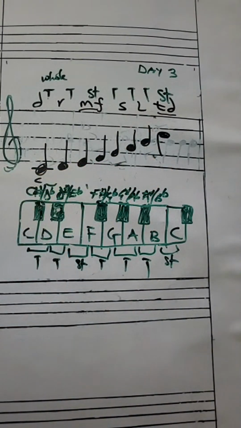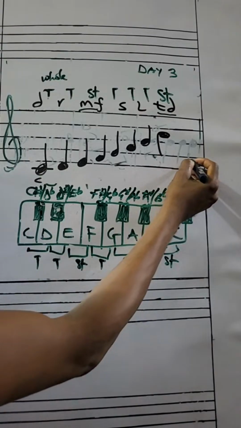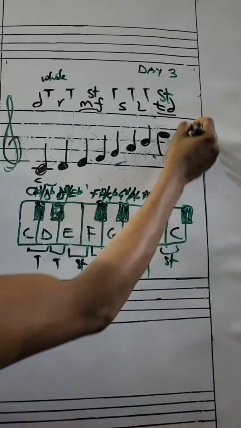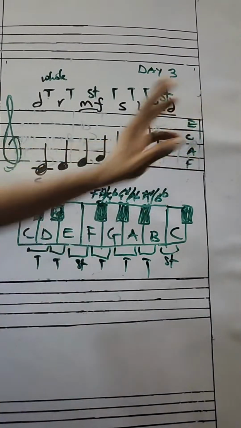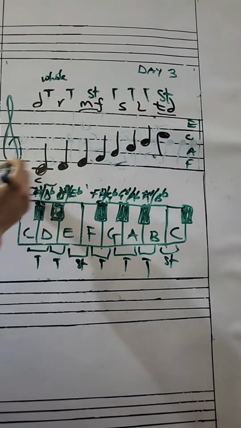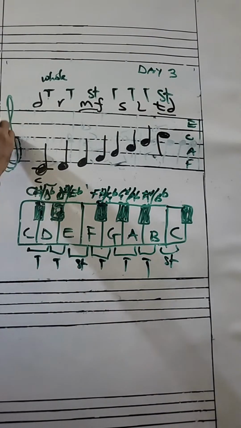Already we know that the third space is C, right? When we did F, A, C, E, we already know the lines. And we also did every good boy does fine, or deserves favor. We did that.